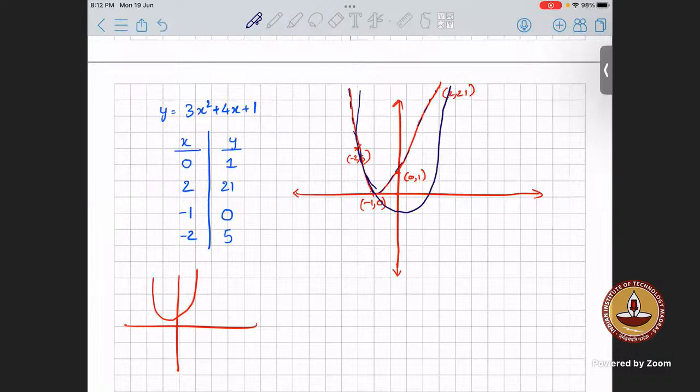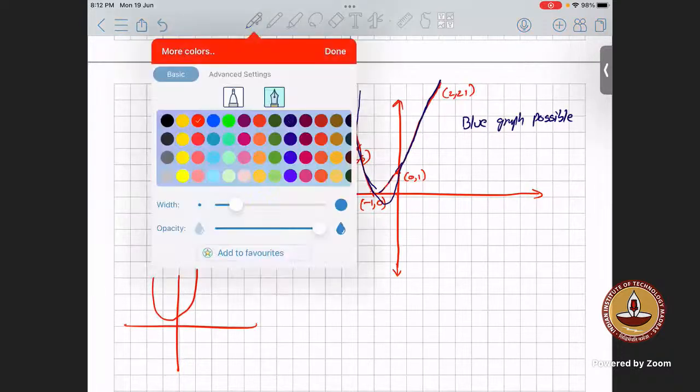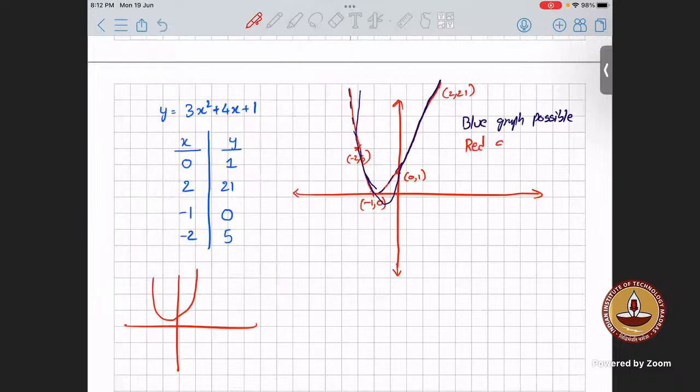These are two possibilities, but there are many. The blue graph is possible and the red graph is also possible. Agree with this?